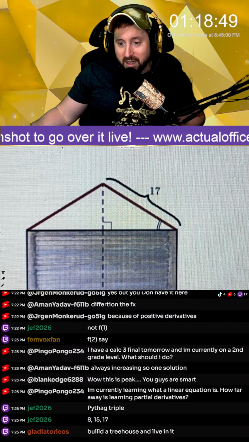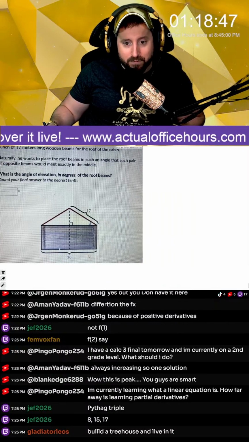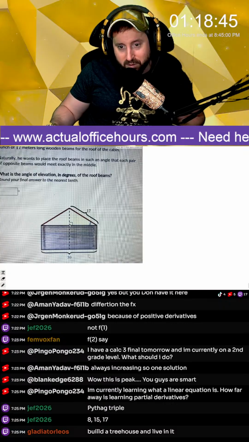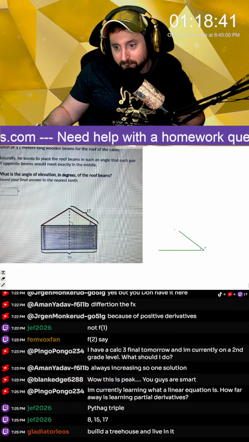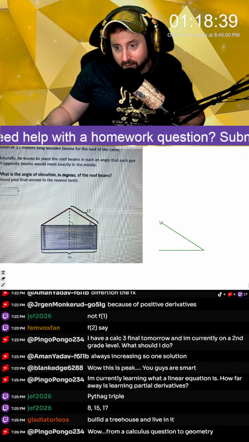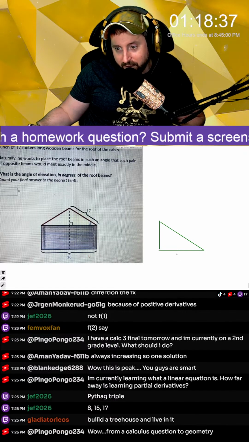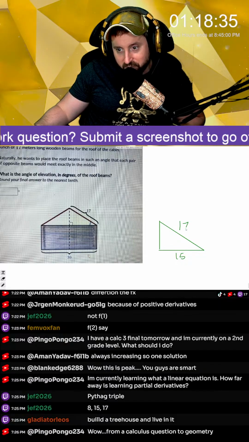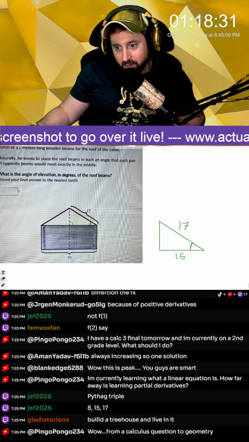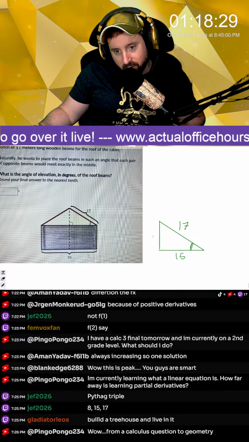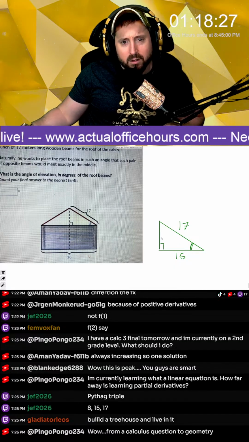Okay. So, yeah, you can make a triangle out of this. If you're trying to have it meet exactly in the middle, that means this length here has to be half this. Which means this would have to be 15, and this would have to be 17. And if we want the angle of elevation, well, I already know this is a 90-degree angle.